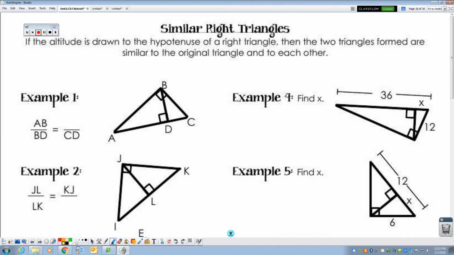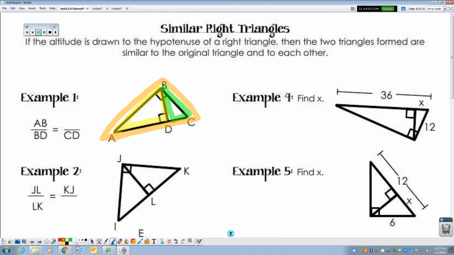So we have 3 triangles here. 1, 2, 3. And because I have a right triangle with the altitude drawn to the hypotenuse, I know that I now have 3 similar triangles.